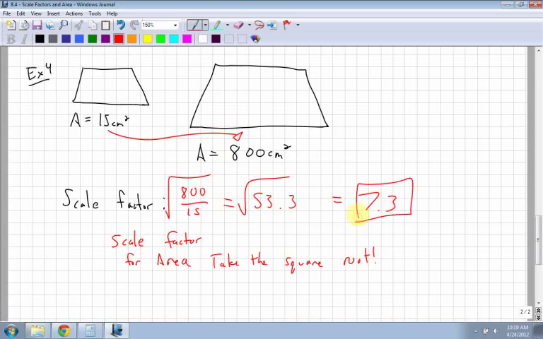Okay, so for scale factor for areas, if you're trying to find the scale factor, you can't just look at the areas. You have to take the square root, because usually scale factor is determined by the side lengths, what the side lengths have been increased by. All right, so scale factor based on area, remember that it's squared. Working backwards, it's a little bit more difficult. You have to take the square root. It's just the opposite of whatever is squared.